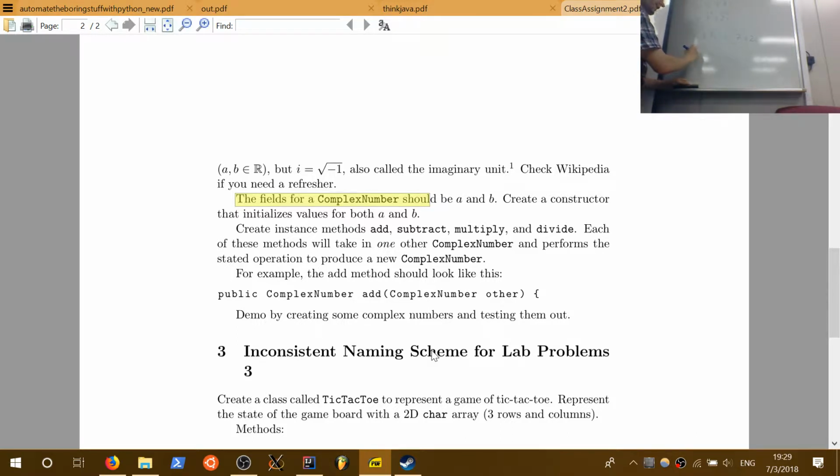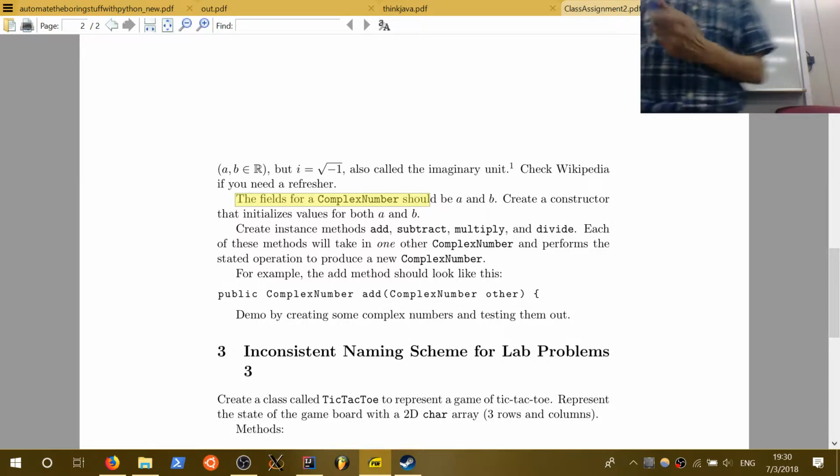So we've got X dot A times Y dot A for the real part, minus X dot B times Y dot B. Why minus as opposed to plus? Because when you multiply these two together, you get the -1.